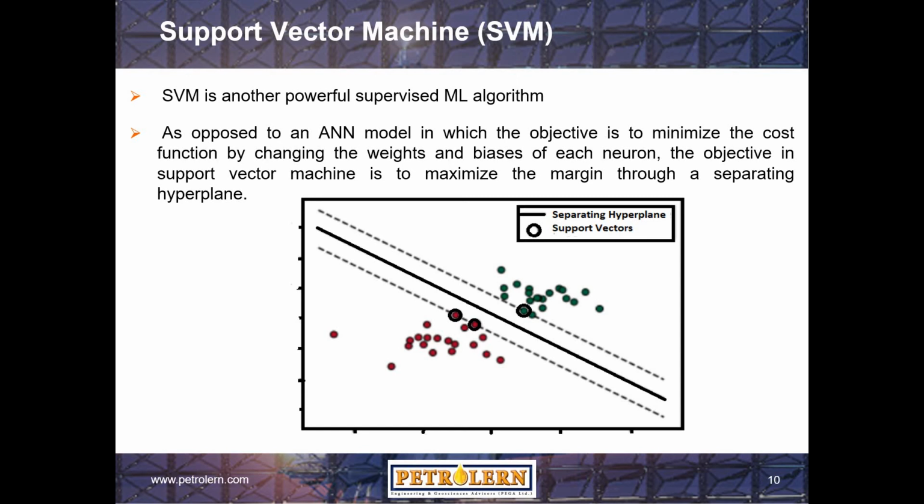So support vector machine is basically a powerful supervised machine learning algorithm, okay? And the idea in support vector machine is to maximize the margin through a separating hyperplane. I can explain this in this picture. Let's just say you have a cross plot of X and Y, and you have your features here.